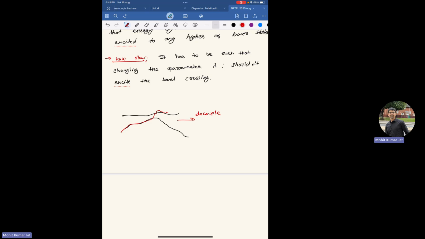Even after the weights come down, you won't be able to tell whether they are from the top level or from the bottom, because intermixing has happened in the system. So you can't decouple those weights. That's why it's important that your level should not cross. Your system should remain in the same energy state and not cross to another available state.